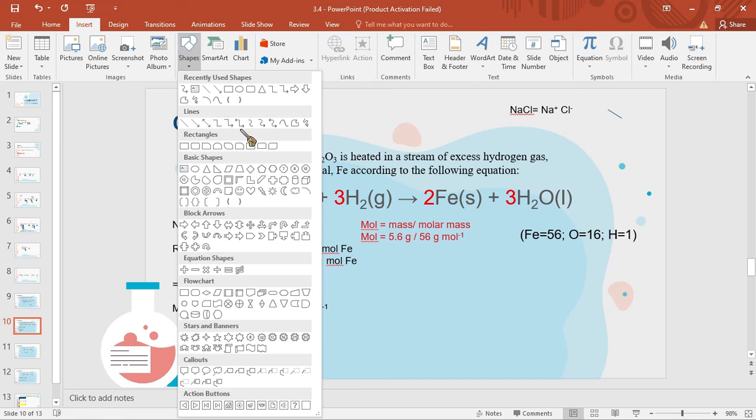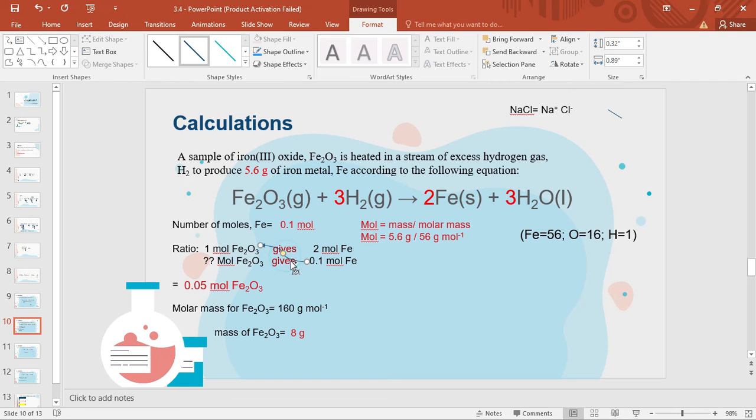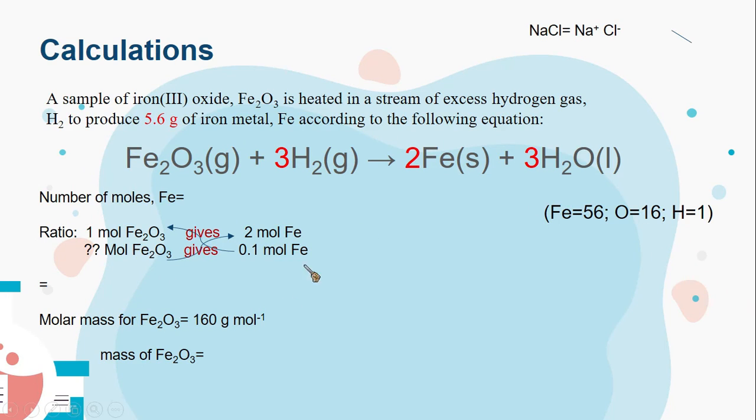Okay, teacher just put the arrow. Then here, see the arrow, 0.1 mole Fe goes up, and then the question mark goes up also.